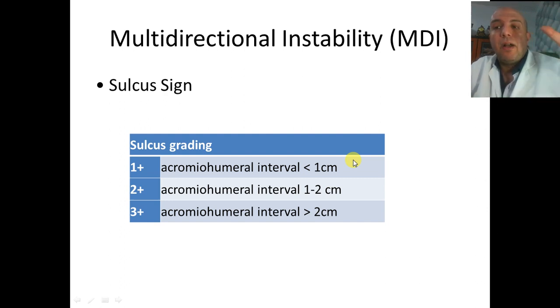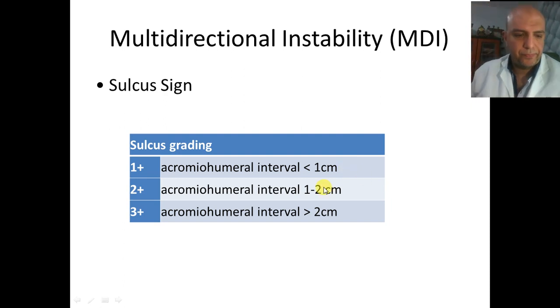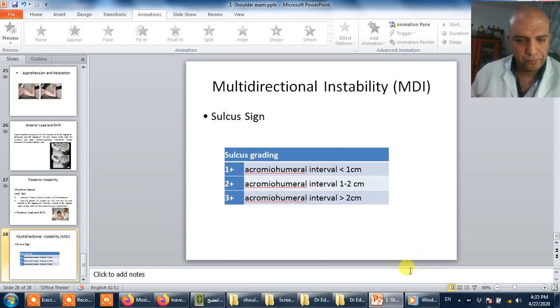So you know 4 tests for strengthening for the 4 rotator cuff muscles and 4 lag tests for them. Thank you, and we will go on.